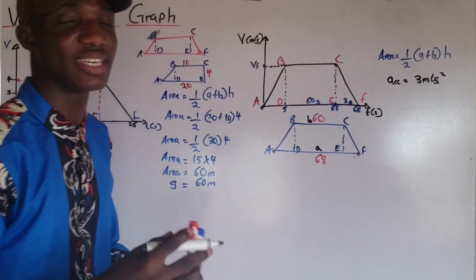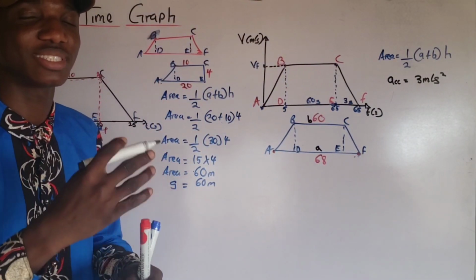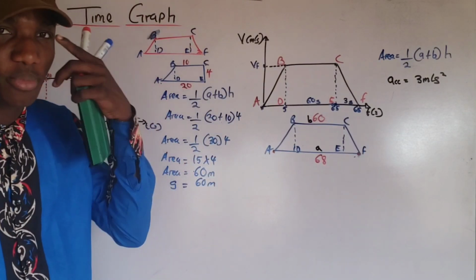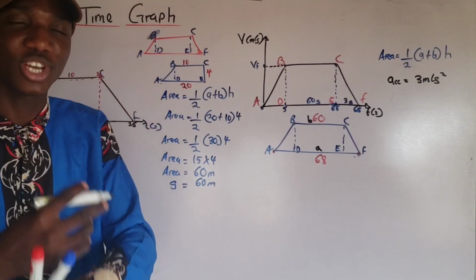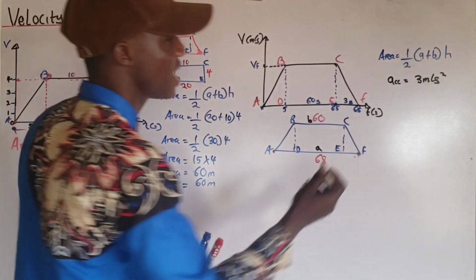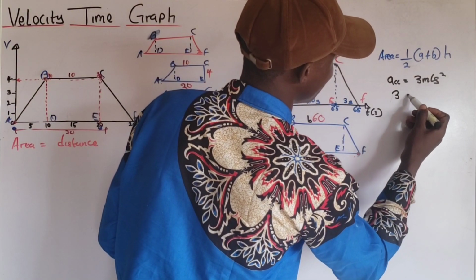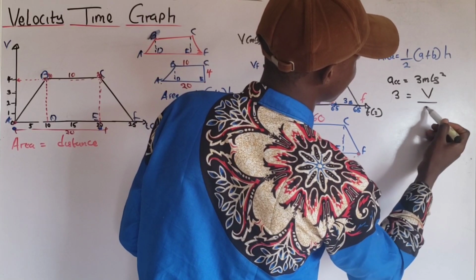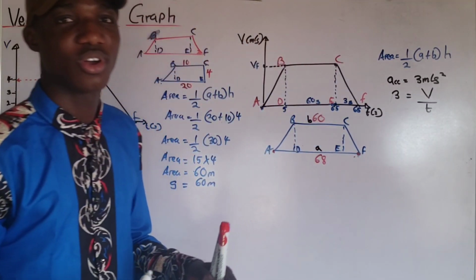Now when it accelerates, it attains a velocity. That velocity we need to determine. That velocity is Vf, because from our previous class you know that acceleration is change in velocity over time. So here, acceleration, which is 3 meters per second squared, is equal to change in velocity, Vf, all over T. You just have to pay attention.